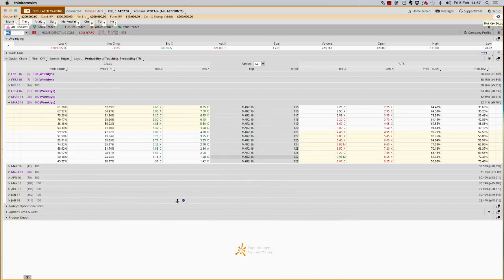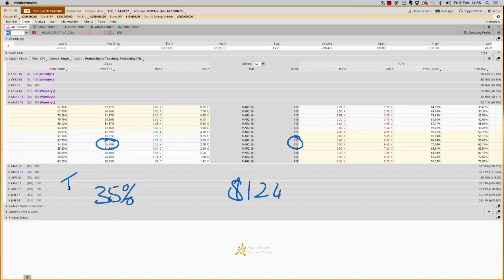If the probability of the $124 strike to expire in the money is 35%, so in the money, 35%, then the opposite must also be true.